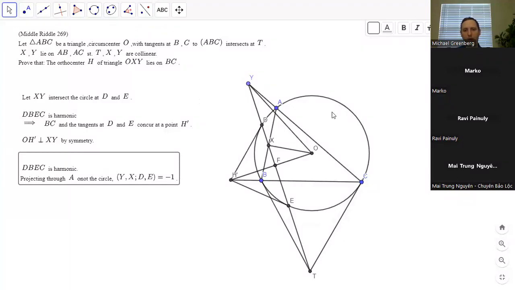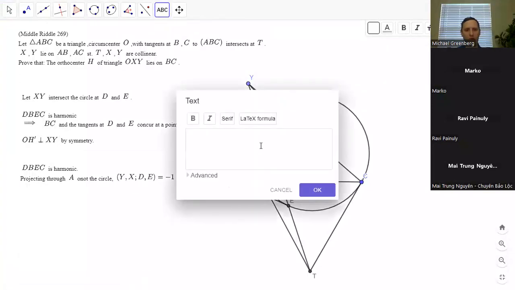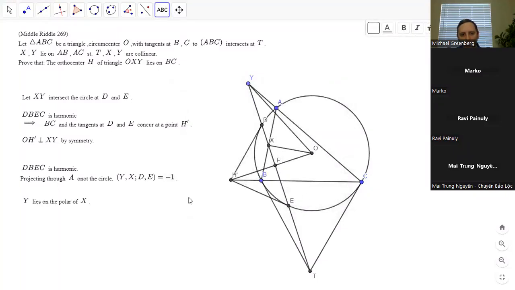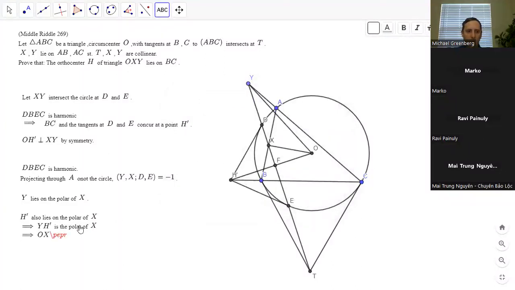And so X lies on the polar of Y, or Y lies on the polar of X. So H prime also lies on the polar of X. And that means that YH prime is the polar of X. And that means that OX is perpendicular to YH, or YH prime.